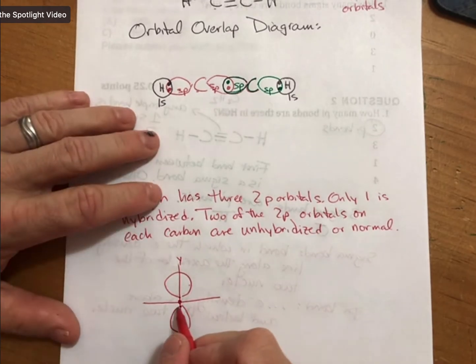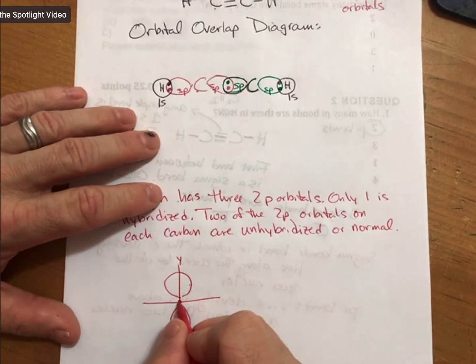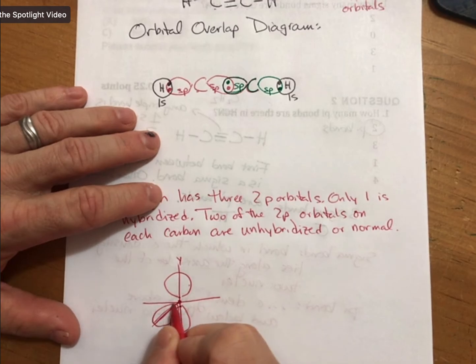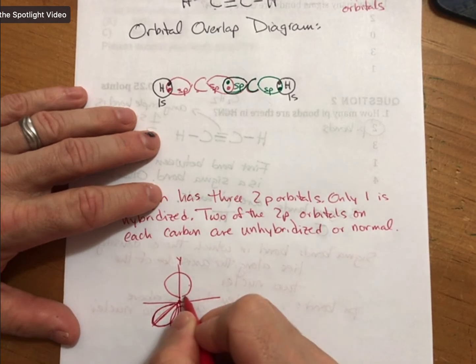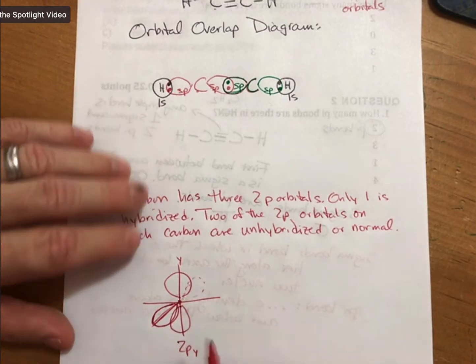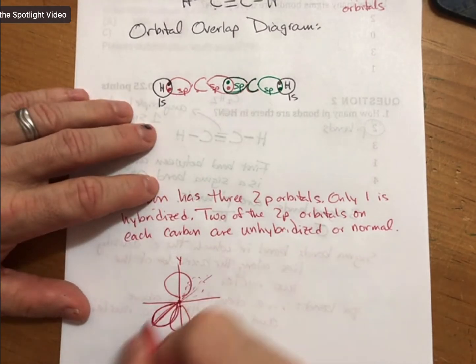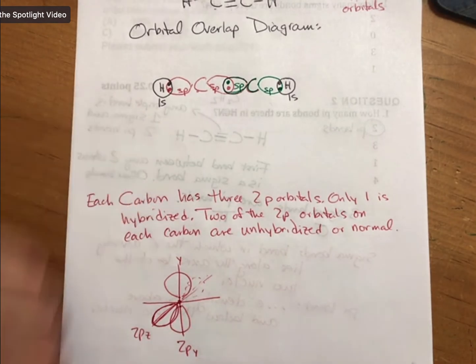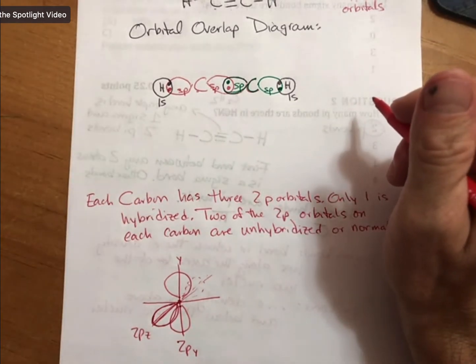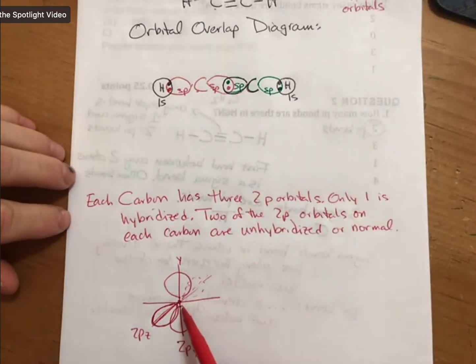And 2pz would be coming out of the page at us and going back into the page. So this we might call 2pz. And I'll point out to you, this is just a regular orbital.